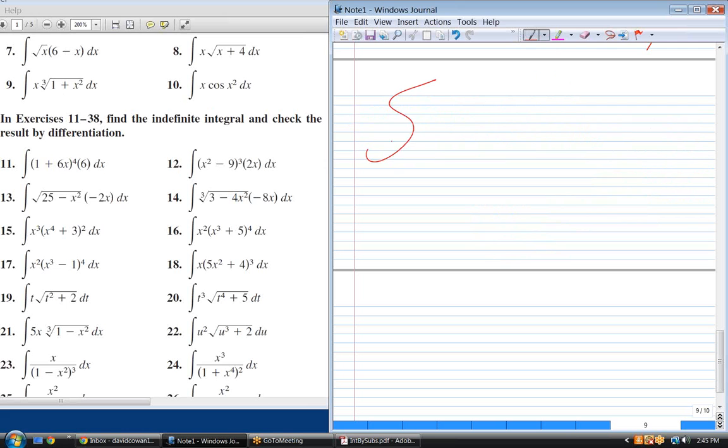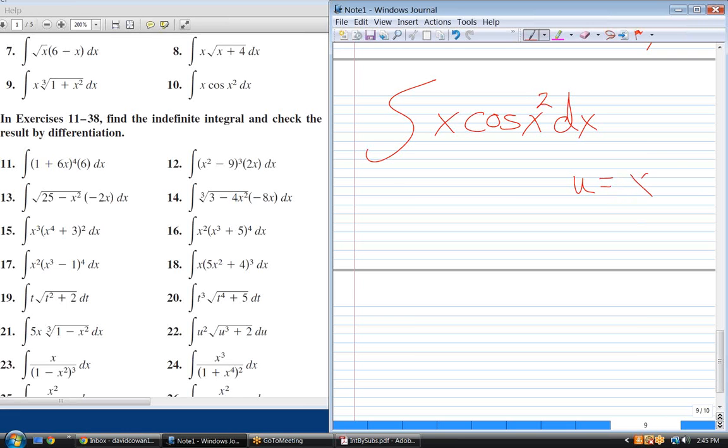Let's do number 10. Now notice, this is cosine of x squared, not cosine squared of x. They're not the same. So, what am I going to let u equal to? What u would let its derivative be in the numerator already? x squared?